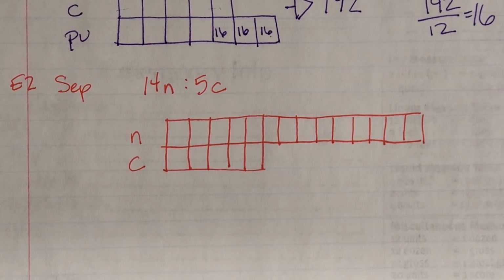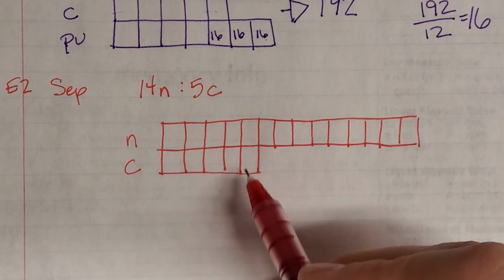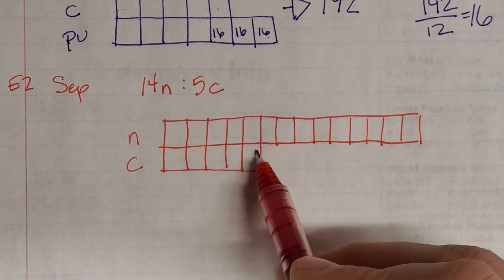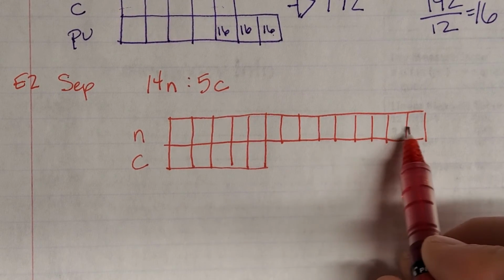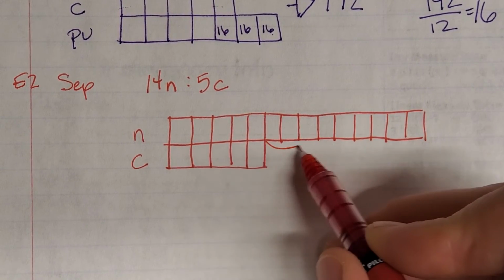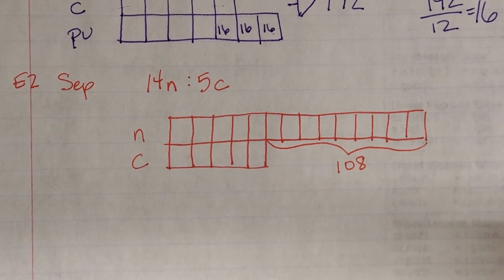If there were 108 more non-commercial vehicles than commercial, that means these that are more than these, because you obviously see this as a longer bar, right? All these that are more than are going to be worth 108.